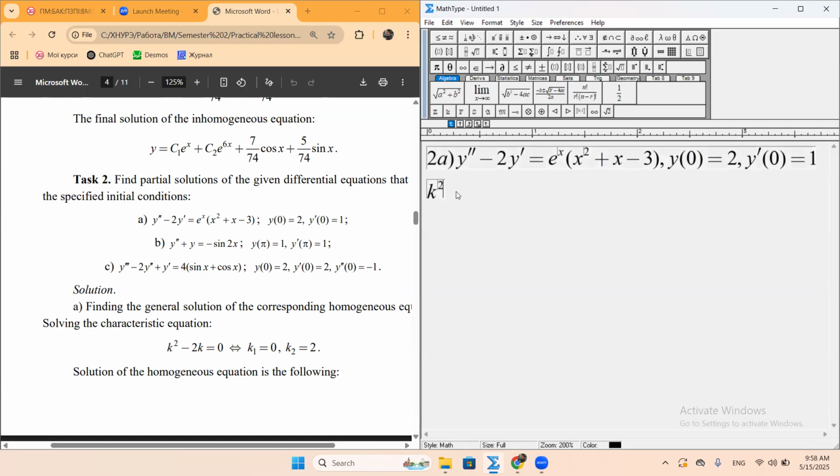So k squared minus 2k equals 0, so k times (k minus 2) equals 0. So it means that k1 equals 0 and k2 equals 2.